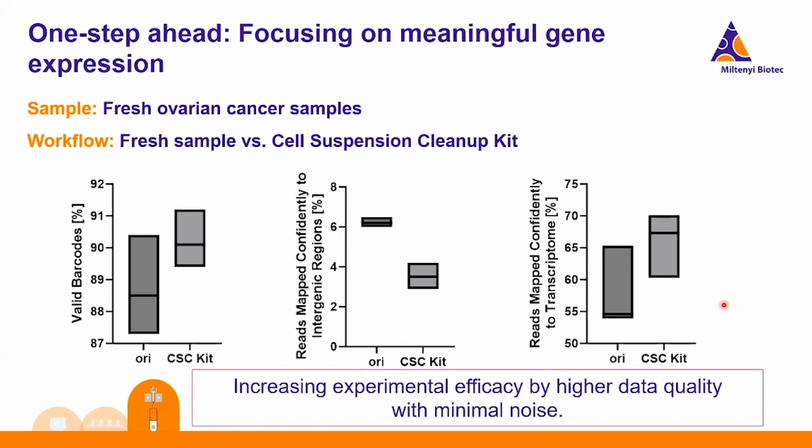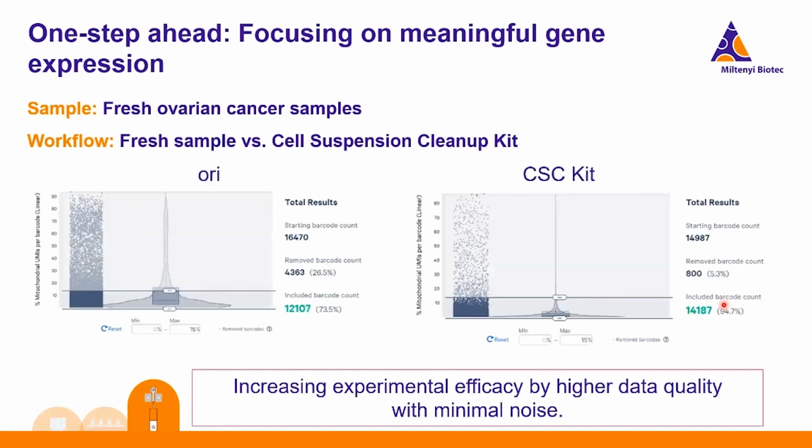So you are increasing the experimental efficacy by higher data quality with minimal noise. These are general QC parameters which you get after your sequencing run using the 10x platform from Cell Ranger. I also want to show you the impact one level beneath if you're performing your analysis in, for example, the Loupe browser.